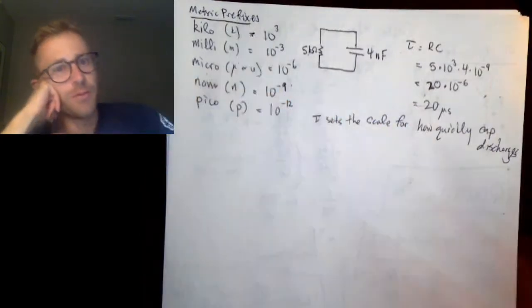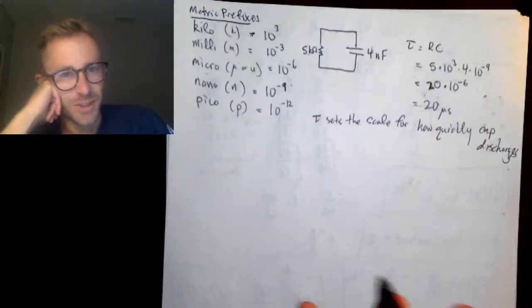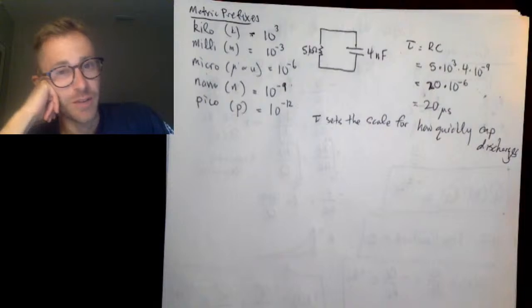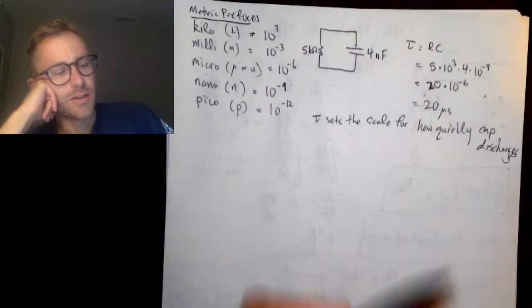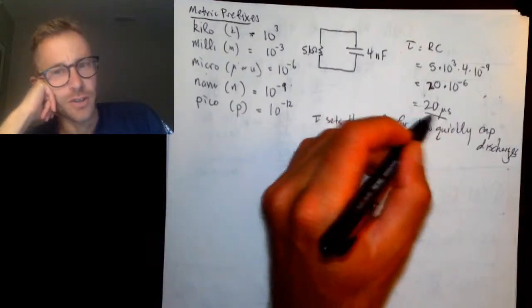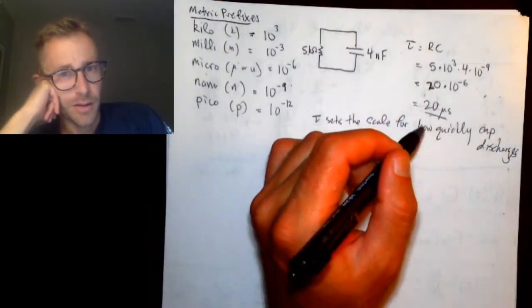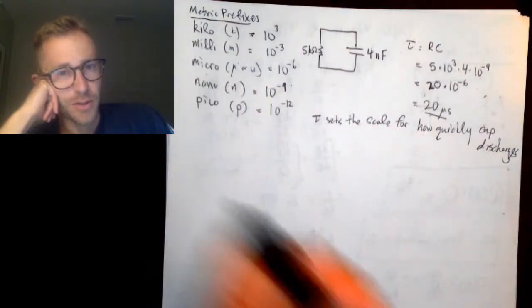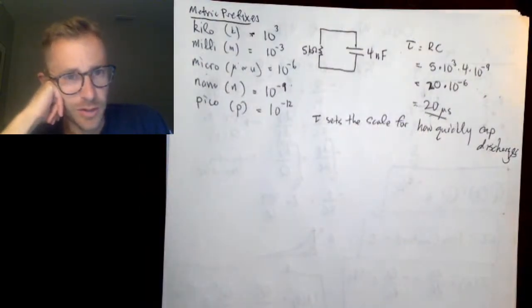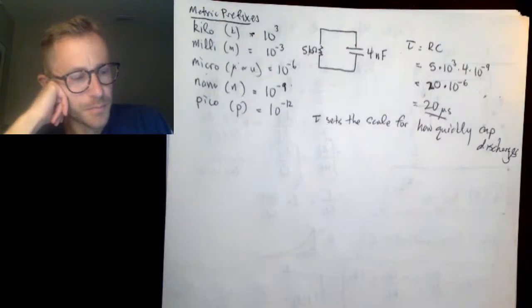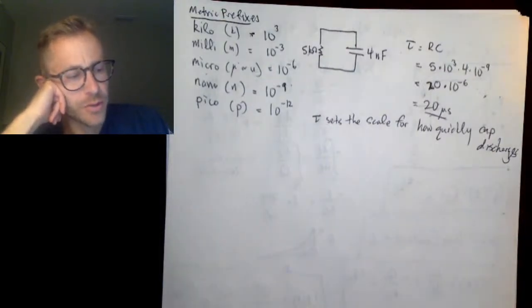If you waited a full second, that's many, many microseconds, so this capacitor is going to be completely drained. It sets the scale for how fast this circuit is going to operate. The smaller the time constant, the faster things happen in that circuit. So that's really important.